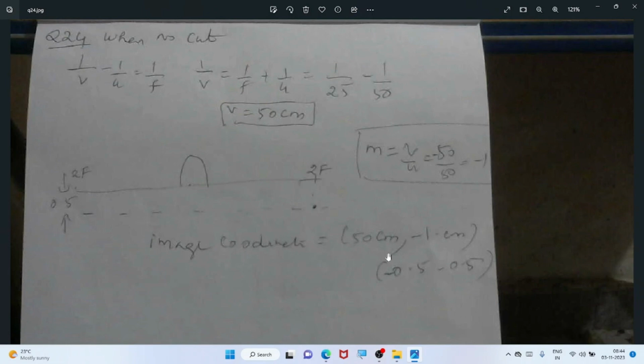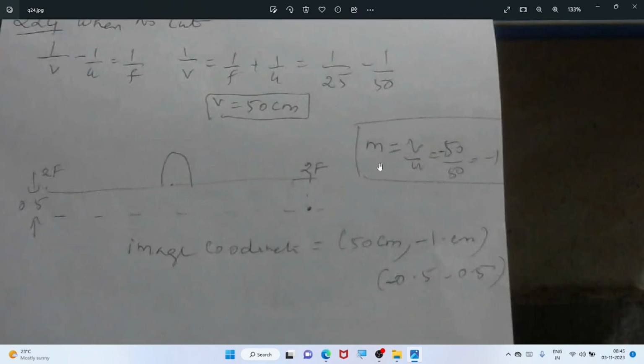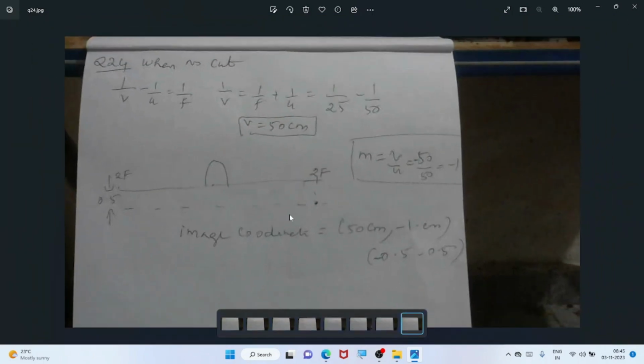So the total distance will become 1.5 minus 0.5, so the total it will be 1. This is the magnification factor.